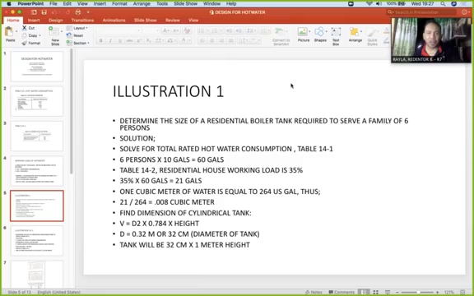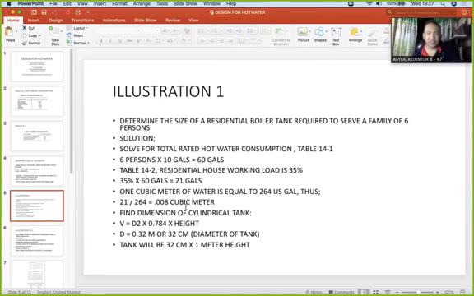So we have illustration one. Determine the size of the residential boiler. With a family of 6 persons, 6 persons times 10 equals 60 gallons. But since residential is 35%, you need to deduct, so 35% is 21 gallons only. 21 gallons converted to cubic meters.